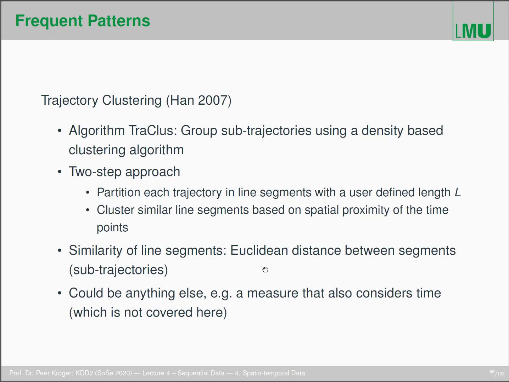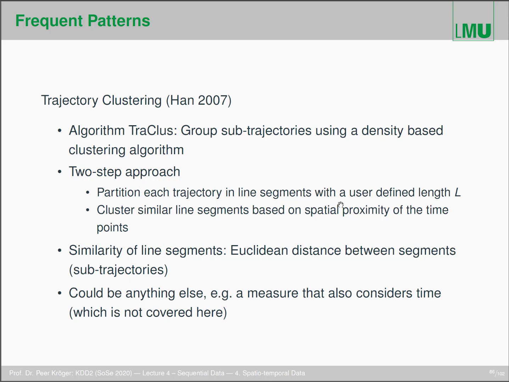So, for example, you can use a measurement that also considers time, which is not considered here. It's just space, but you can extend this basic approach here from 2007, and there are some variants that do exactly like that by just using a different similarity for line segments.